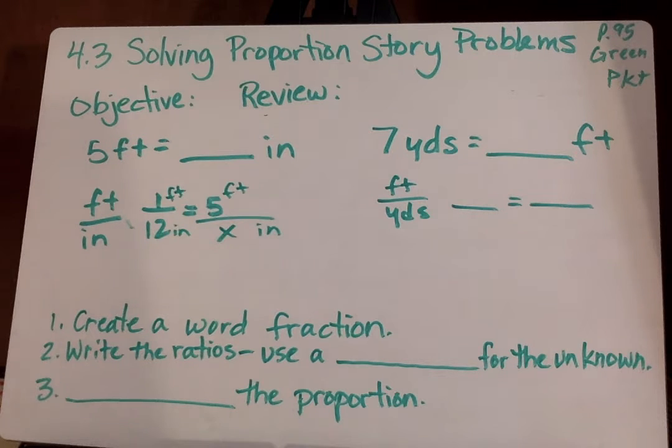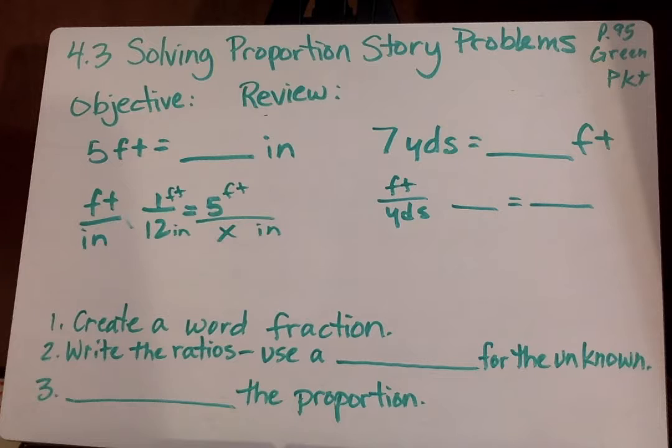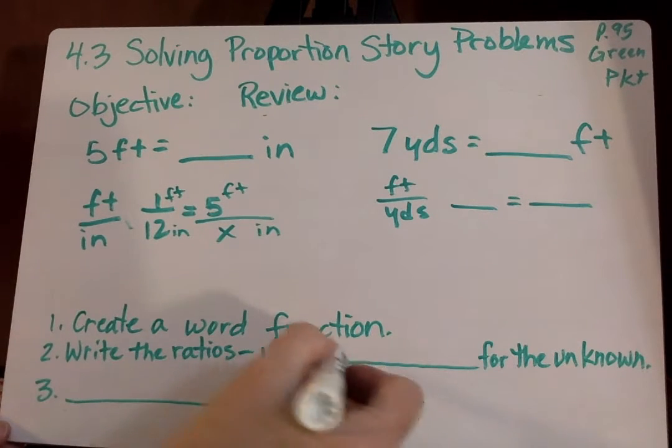proportion story problems, okay? So the first thing we want to do is create a word fraction, which I did here: feet over inches equals feet over inches. Number 2, write their ratios. Use a blank for the unknown. What do we want to use for the unknown? Variable.